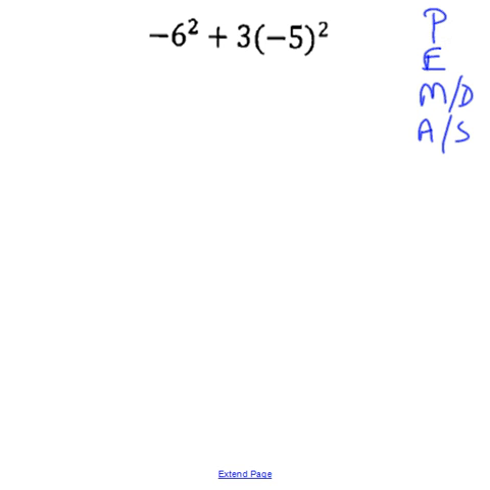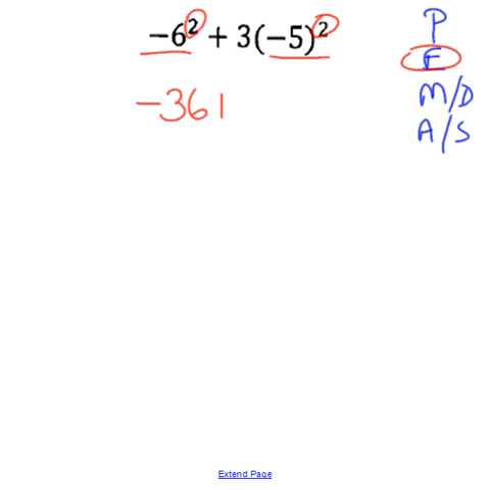So that means the first thing I'm going to do in these is do the exponent. So the exponents are here and here, and remember this one is one of the ones that you have to be careful about because it really means the opposite of 6 squared. 6 squared is 36. Then this one really means -5 times itself.